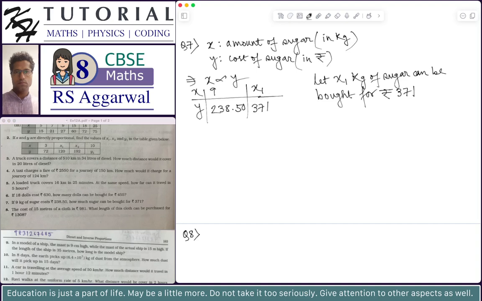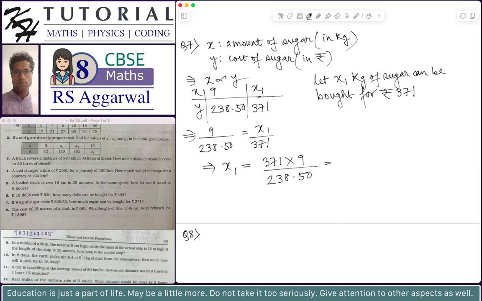So now we can say that 9 by 238.50 is equal to x1 by 371. So from here we can solve for x1 using cross multiplication, and we get x1 is equal to 371 multiplied by 9 divided by 238.50.